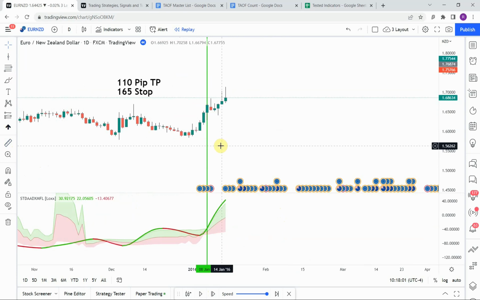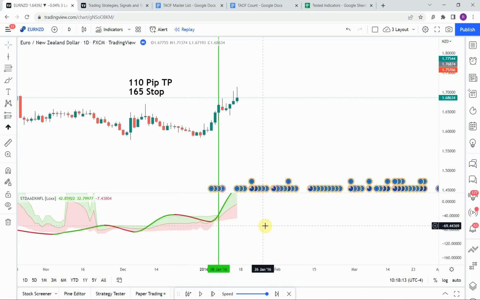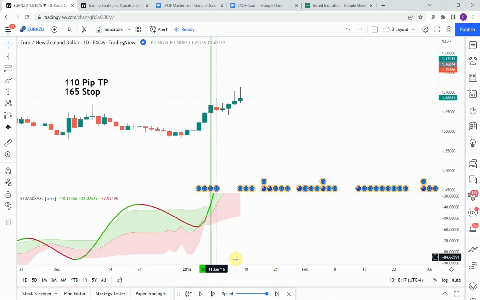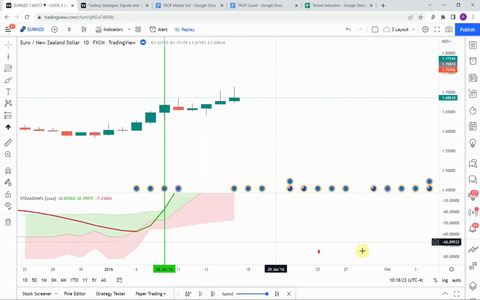All right, so the first signal that we pick up is a long signal right here. You can see that the oscillating line is in the cloud there. Let's just double check and see if maybe we didn't skip over one. We may have skipped one right here on this one.